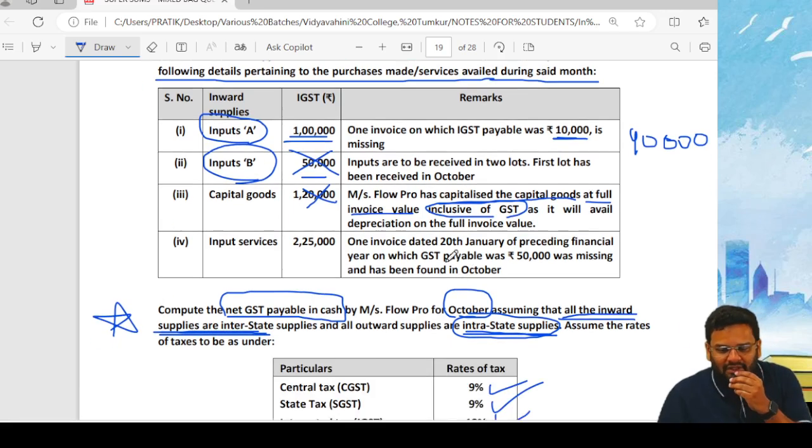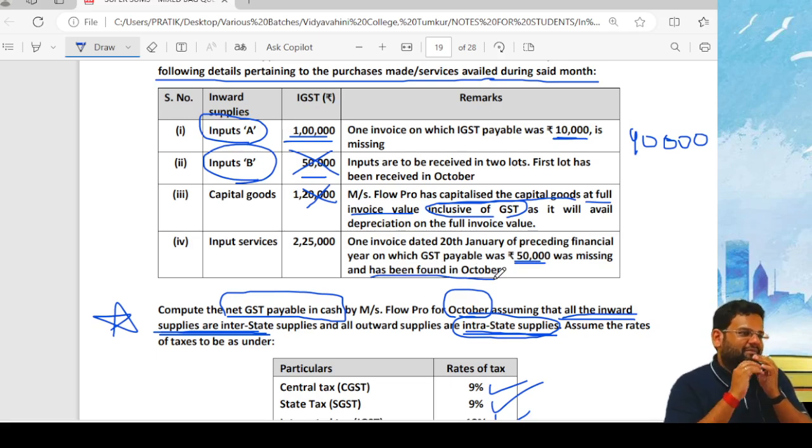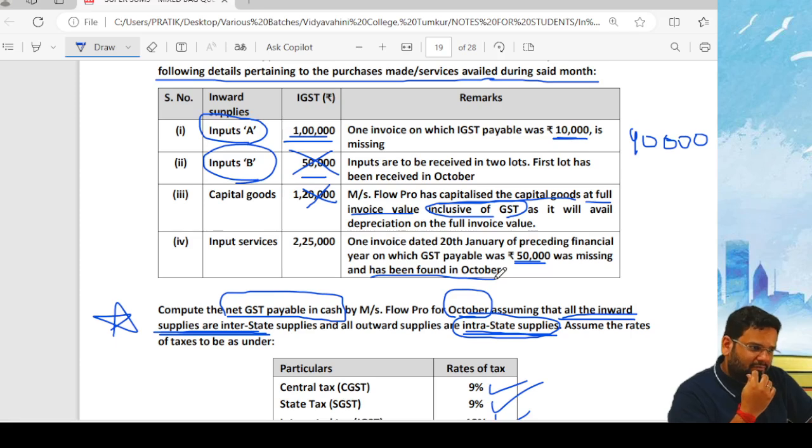And lastly, input services. One invoice dated 20 Jan of the preceding FY, on which GST payable was 50,000, was missing and has been found in October. Now think properly. What is the last date of taking ITC? 30 November, or the actual date of filing the annual return.